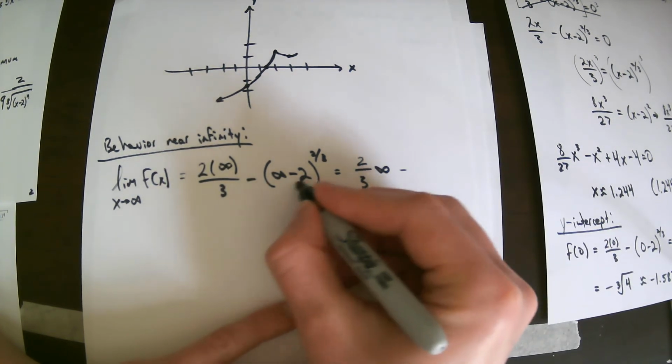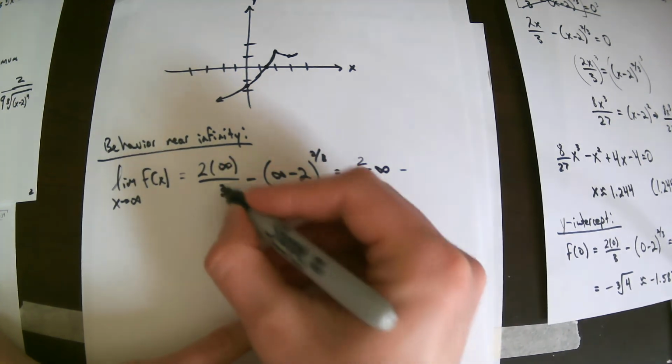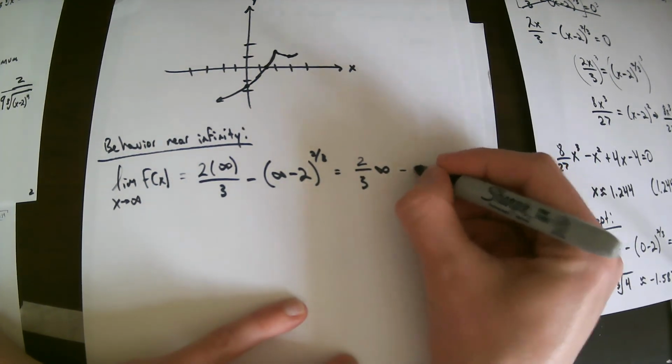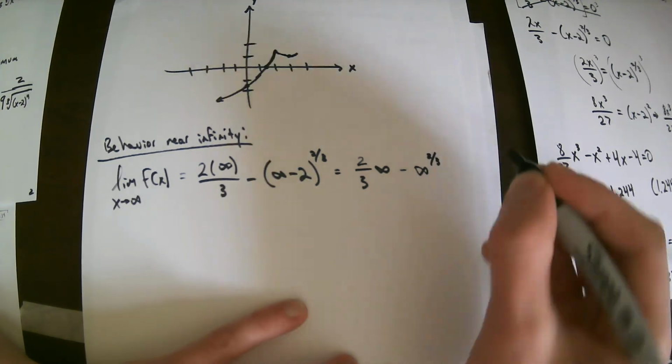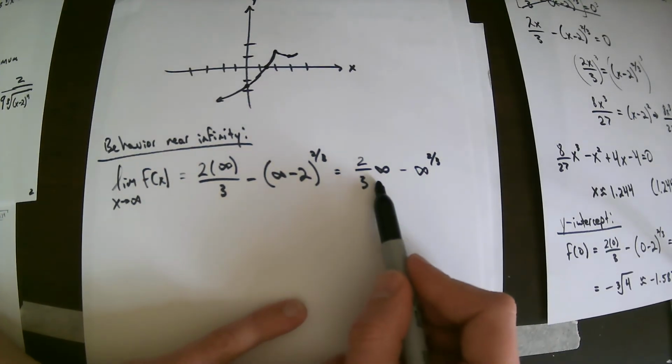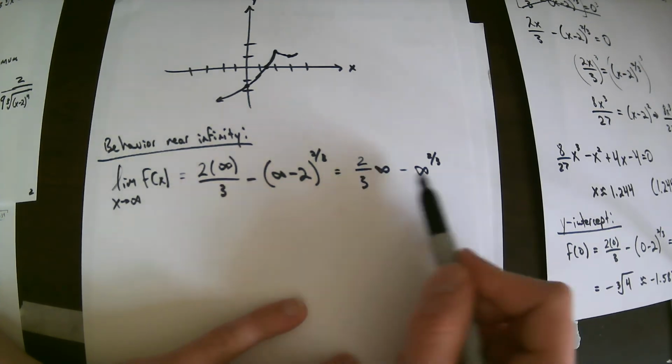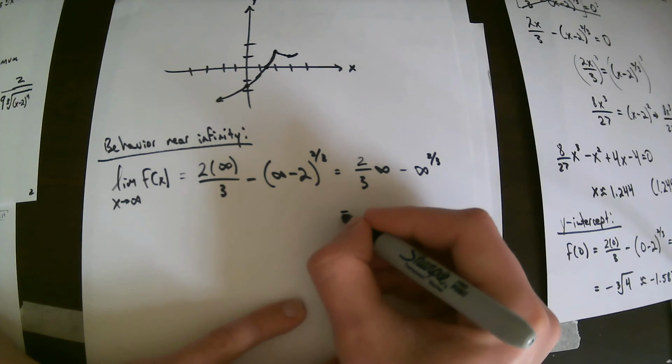The addition and subtraction from infinity doesn't matter much. It's the multiplication that has an effect, and negatives. So infinity to the 2/3. And then it's a question of, is this one stronger or is this one stronger? Because that's going to determine whether we get positive or negative infinity here.